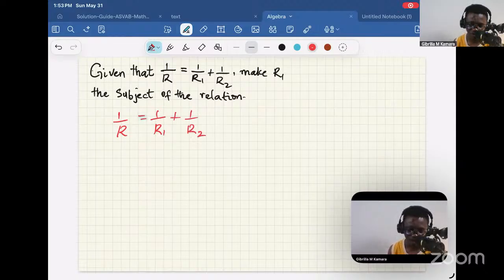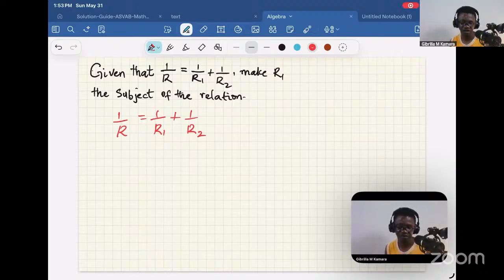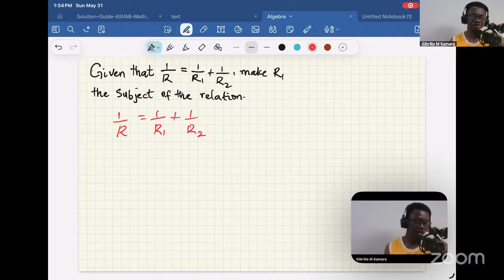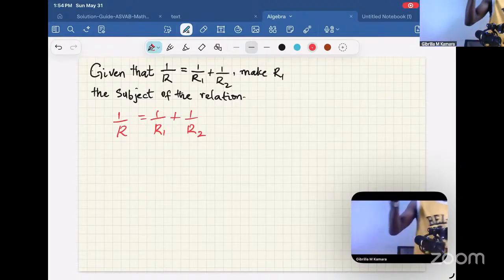You are asked to make R the subject of the relation. Make R1 the subject.